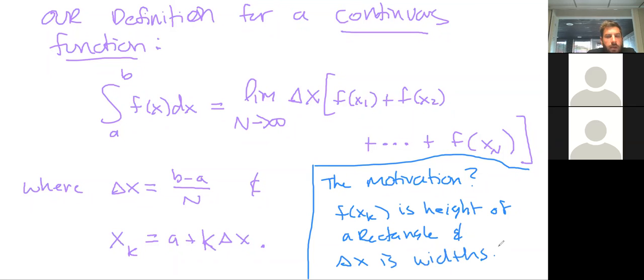So we were taking a bunch of rectangles, in particular n. Maybe n is 4, maybe n is 32, maybe n is 500. And we're going to say every rectangle has the same width, delta x. And then each one of their heights is going to be some point on the curve. Well, we're going to choose simple ones that we can formalize.